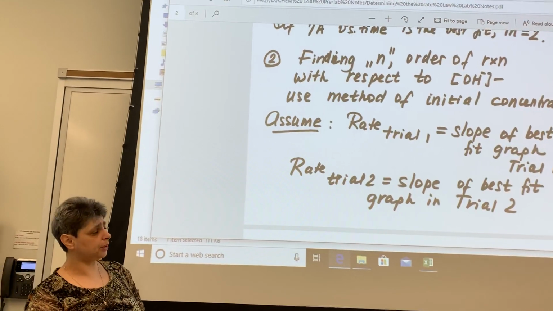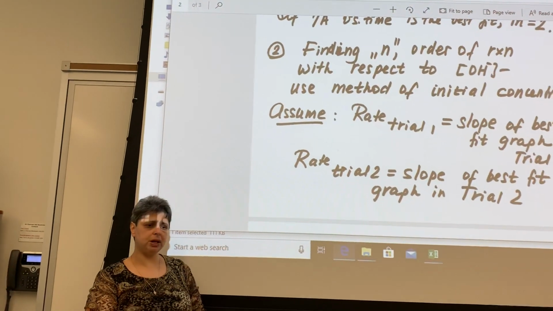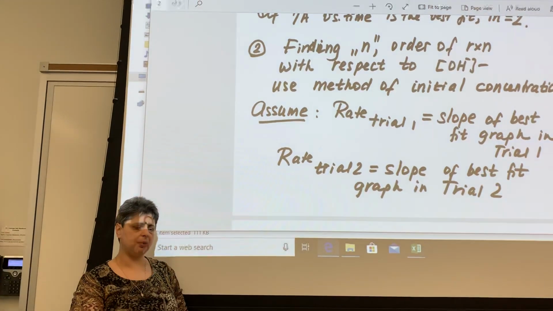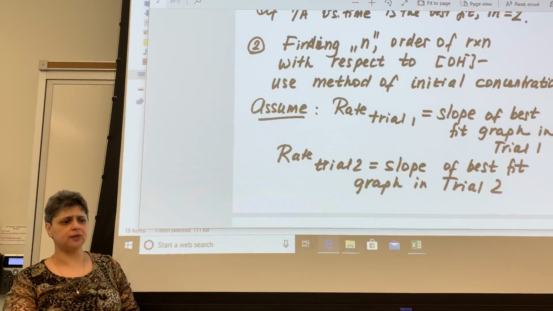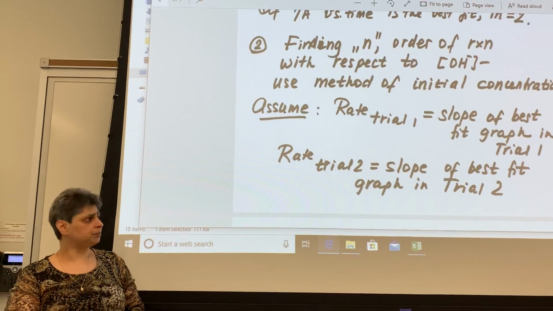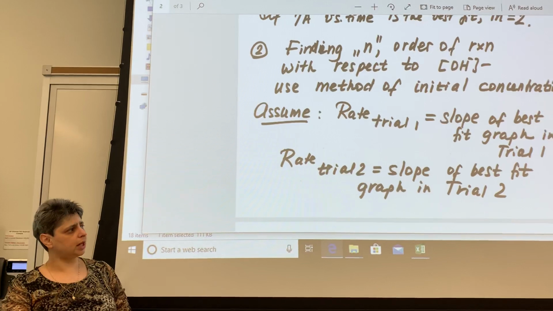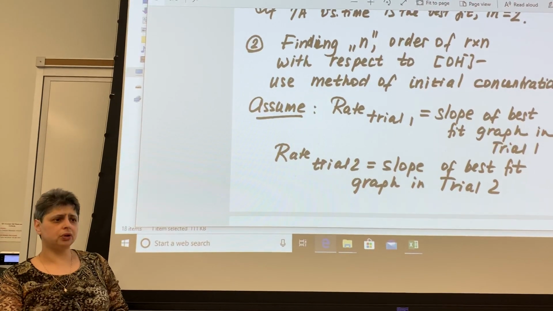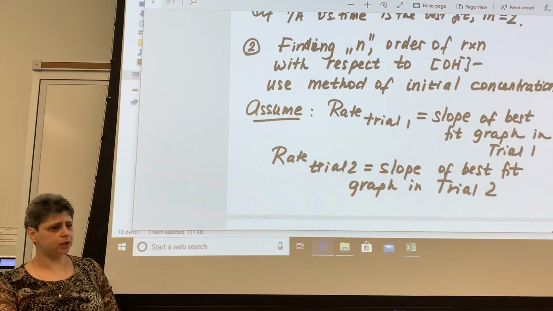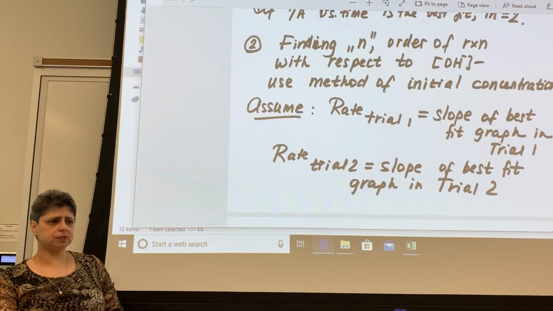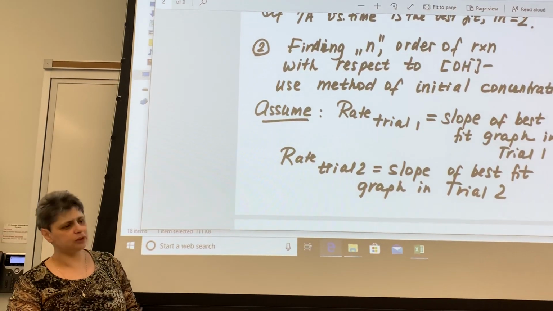I'd like to point out that that procedure is different from the one in your lab manual in that we're using a Pascal spectrometer that takes readings of absorbance every second as opposed to every minute as described in your lab manual. So you're going to get data sets that are going to be big, anywhere between 120 and 200 data points, because the duration of the experiment is at least 2 minutes, meaning 120 seconds, or even a little longer.